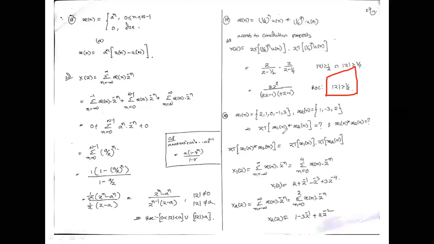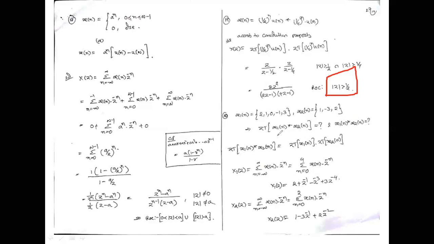The transformation of a convolution is a product in the Z domain. So X1 of z has the values from n equal to 0 to 4, the sum of x of n z power minus n. Expanding: n is 0, the value is 2.